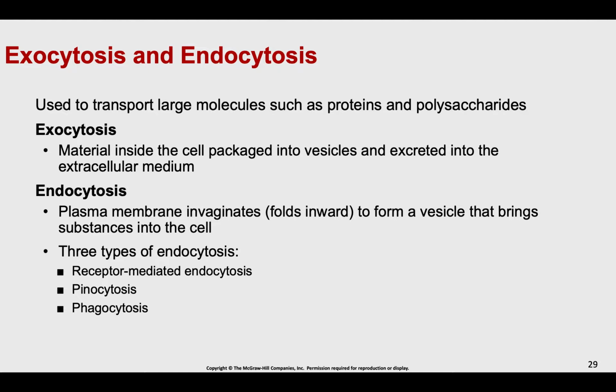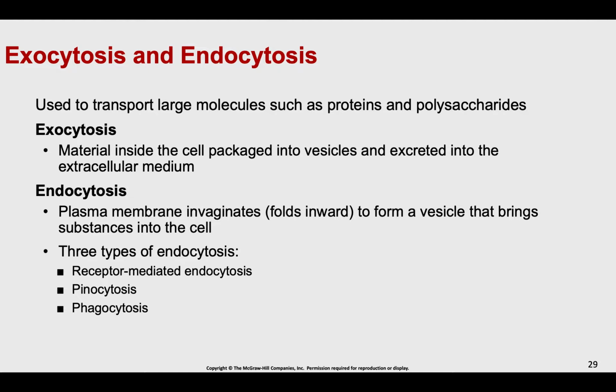Pinocytosis. This is where we are going to basically internalize the extracellular fluid to sample it. All right, sample it to see what's around the cell. All right, this often happens around digestive cells. So maybe think about in the intestinal area. And then phagocytosis.